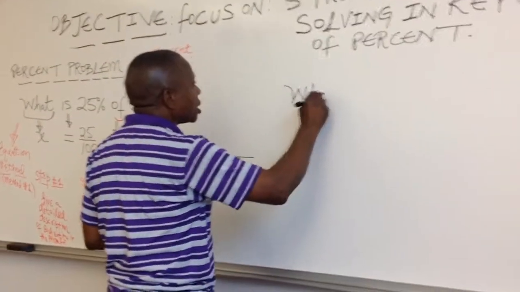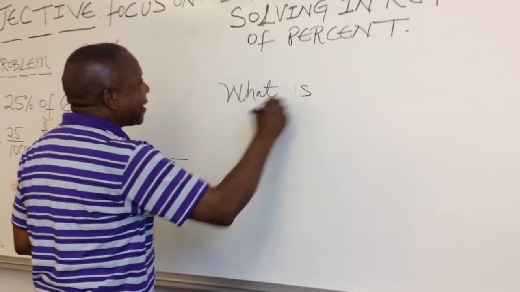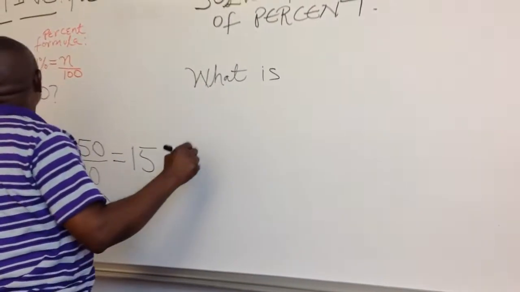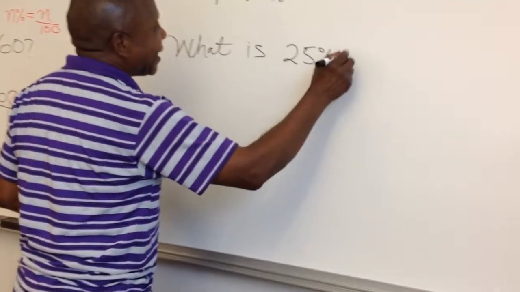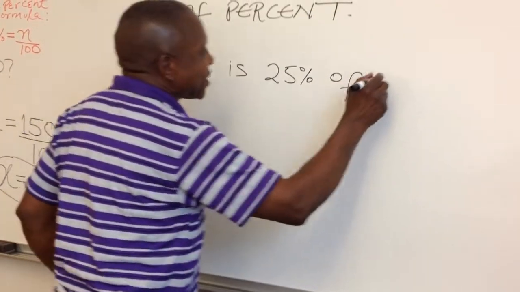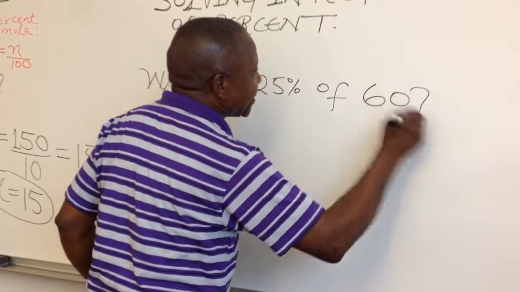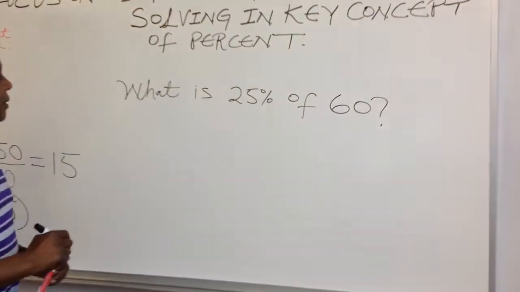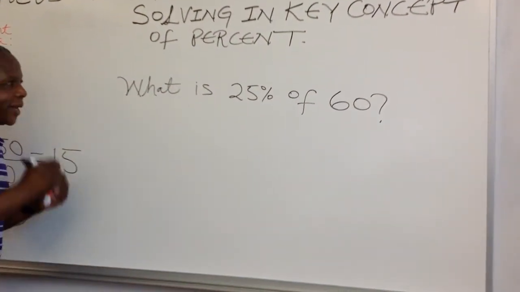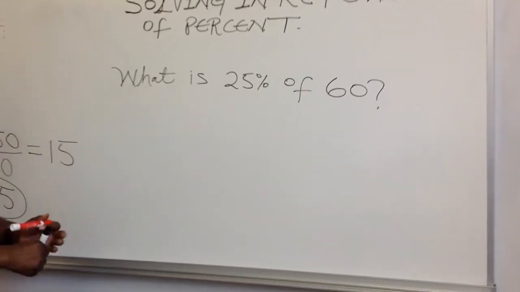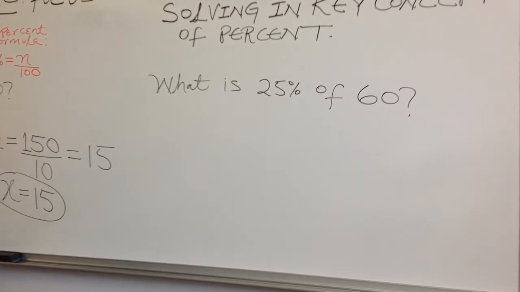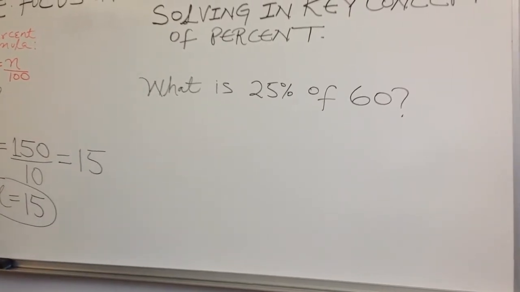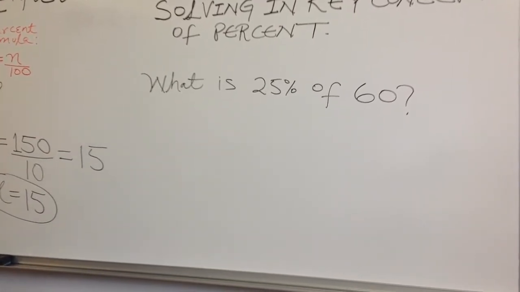What is 25% of 60? What is 25% of 60? We are going to call this method number 2. So what is method number 2 called?